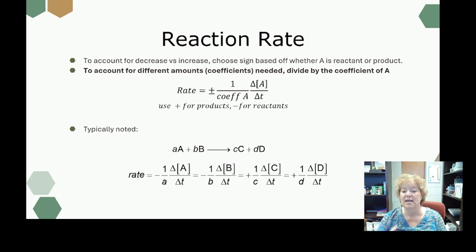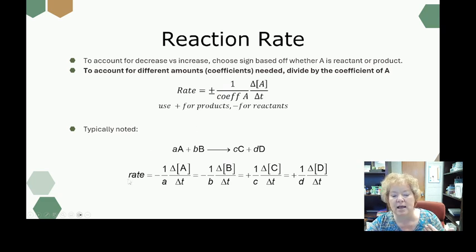And then to account for the different amounts of how many I need for the reaction to proceed or how many it makes, I'm going to divide by the coefficient of A. So a reaction rate is, again, plus for products or negative for reactants, and it's 1 over the coefficient of whatever that substance is, and then the change in concentration of that substance over the change in time.